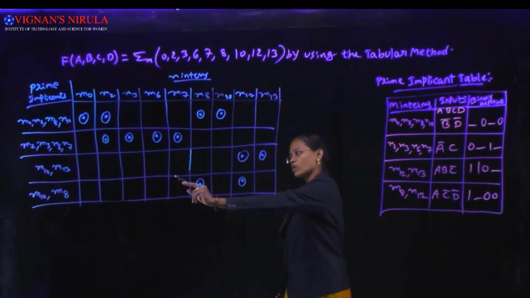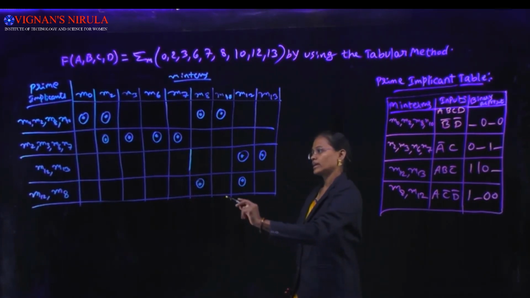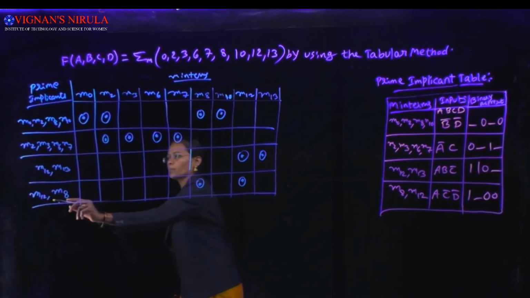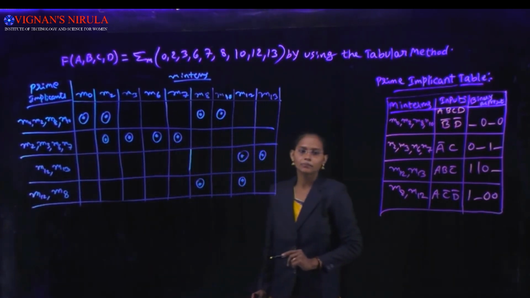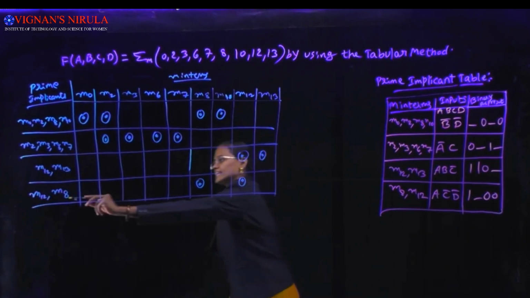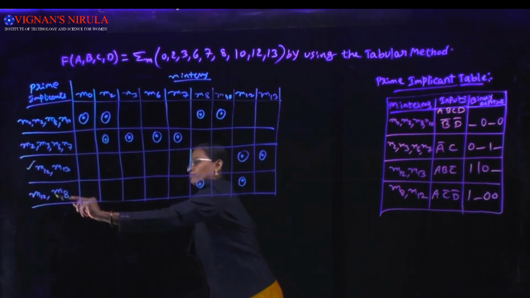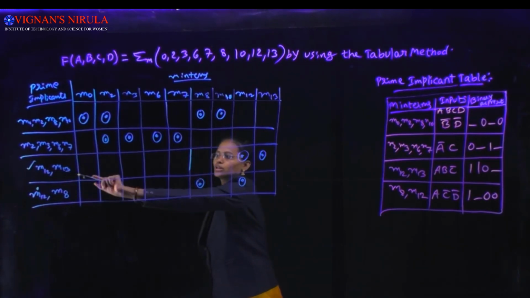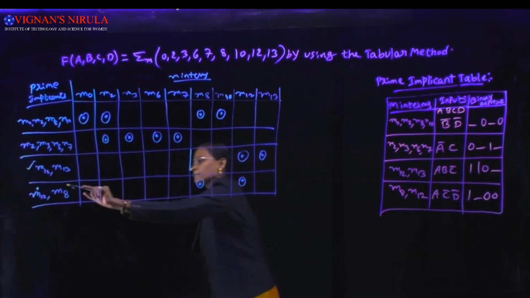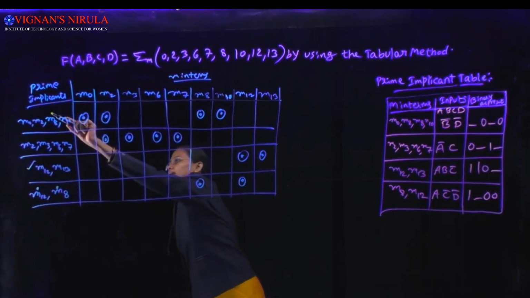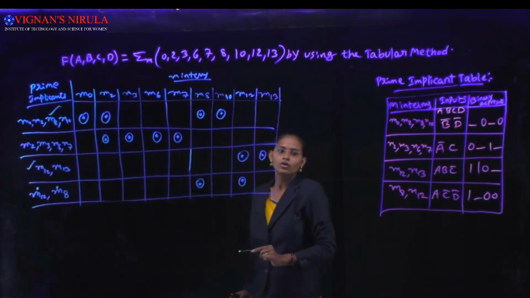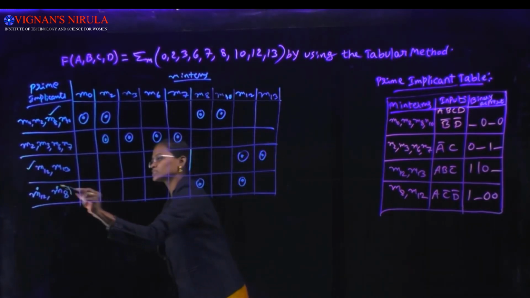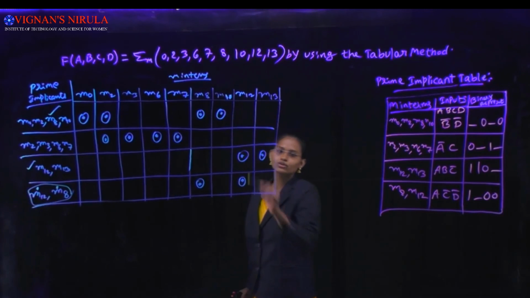Here M12 and M13. Okay. Here M8 and M12. This group is repeated in other minterms. M8 is repeated in another group, and M12 is repeated in the 12 and 13 group. Okay, these are repeated minterms. So neglect this one and write down the equation.